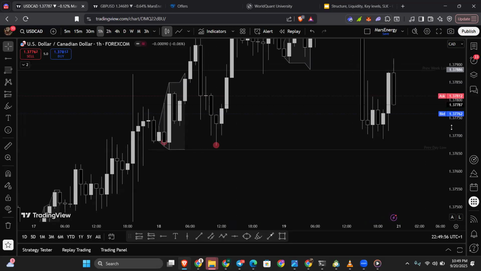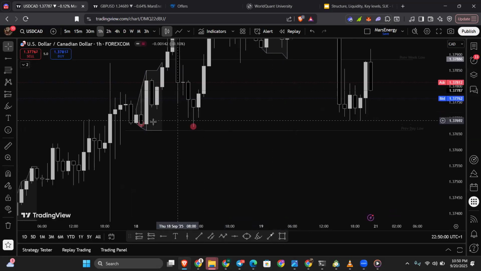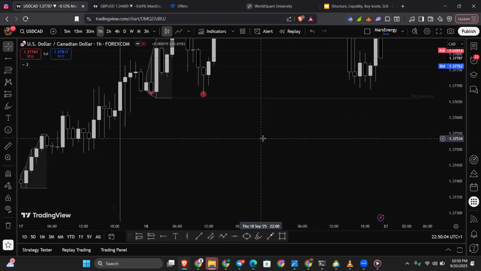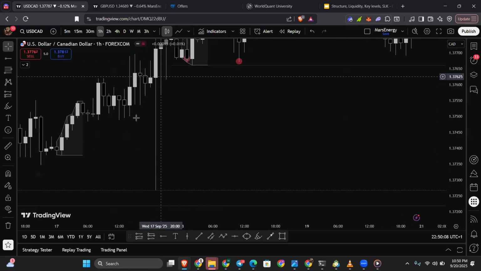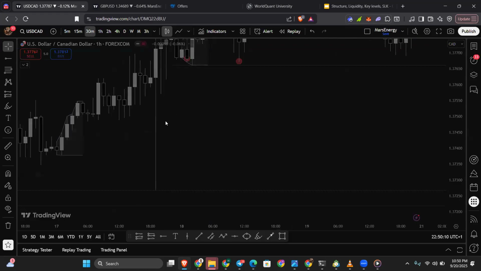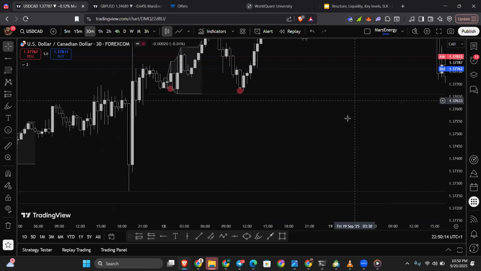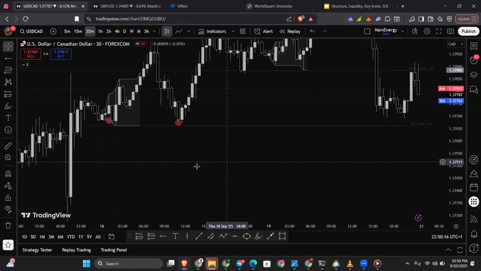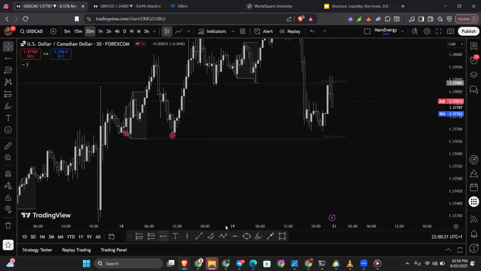So what I'm expecting is that the next move of price will be to clear this low, right? Maybe after clearing this low, though I don't like this kind of rejection. But maybe if you change this to M30, you can be able to see something, right?